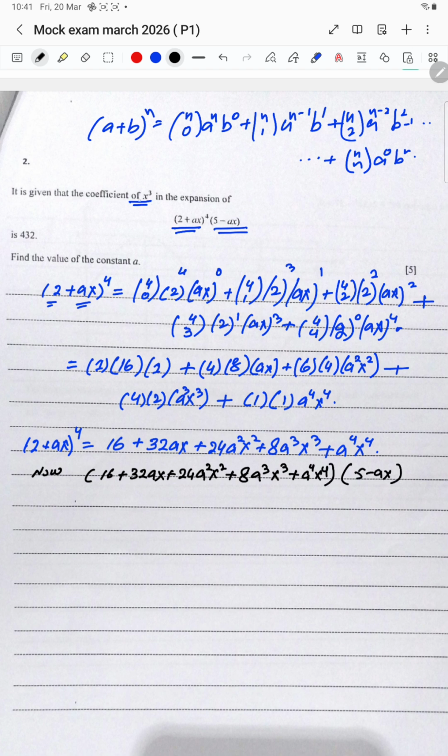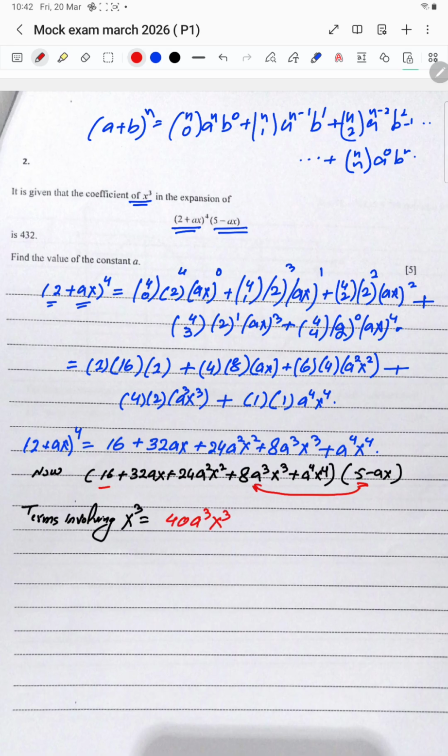As we are after the coefficient of x cube in the expansion, you can write here only the terms involving x cube. No need to multiply and expand the entire term, only write those terms which involve x cube. So when 5 multiplies with this 8a cube x cube, I will get 40a cube x cube.